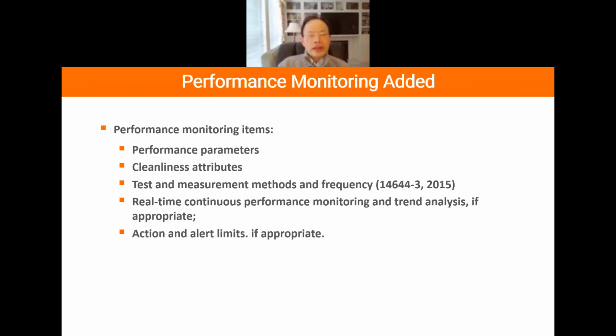efforts, in their critical zone or area, install real-time continuous, let's say, laser particle sensors to monitor the real-time concentration, not just rely on field testing every 6 months by a certifier like NEBB or another organization.